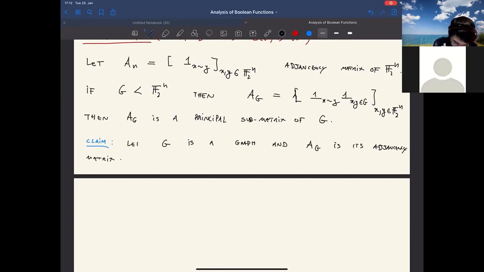So let's say, let G be a graph and A_G its adjacency matrix.